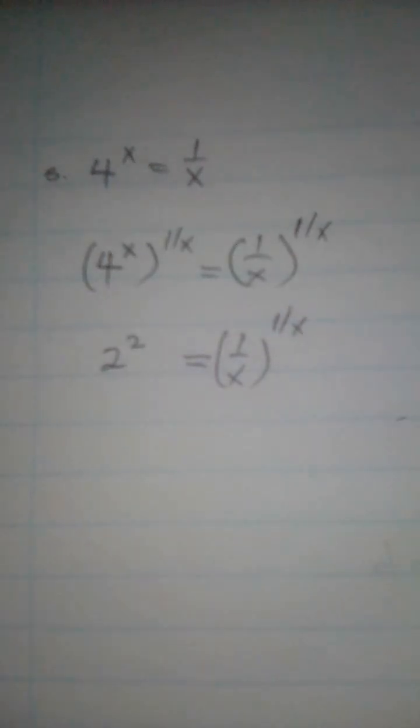So the next step, 4 raised to x can be rewritten as 2 raised to 2, and these two are gonna cancel, so it's 2 raised to 2, which is equal to 1 over x raised to 1 over x.